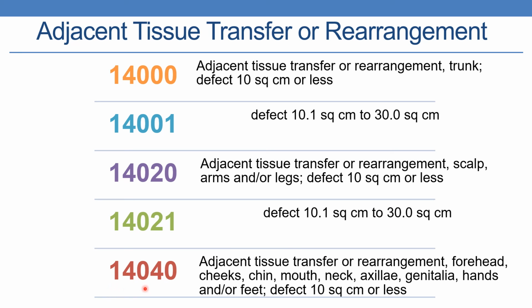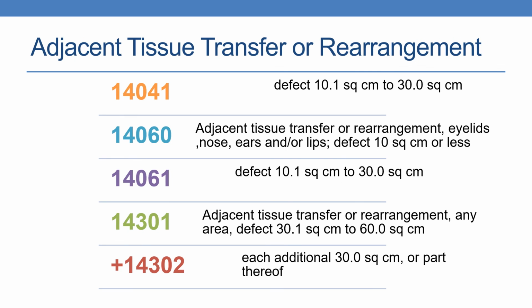The next is 14040, adjacent tissue transfer or rearrangement of forehead, cheeks, chin, mouth, neck, axilla, genitalia, hands and or feet. Defect length is 10 square centimeters or less. The fifth digit 0 indicates the defect length 10 square centimeters or less. Now coming to the next CPT, that is 14041.